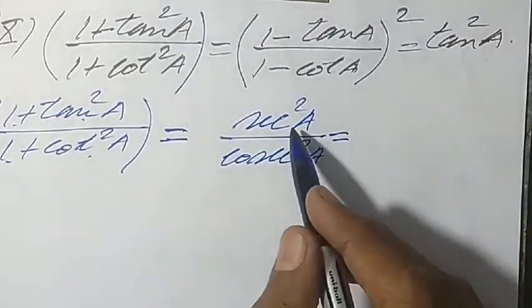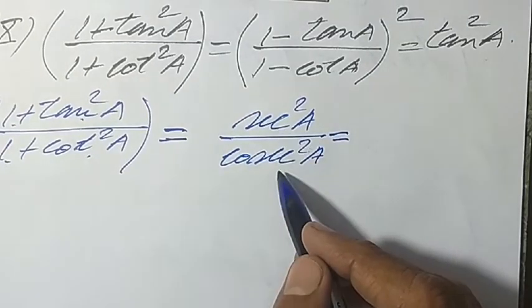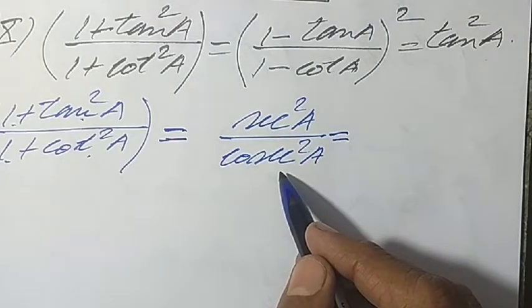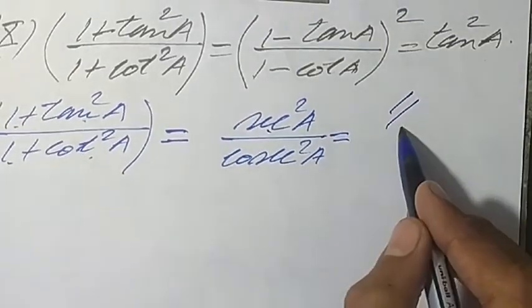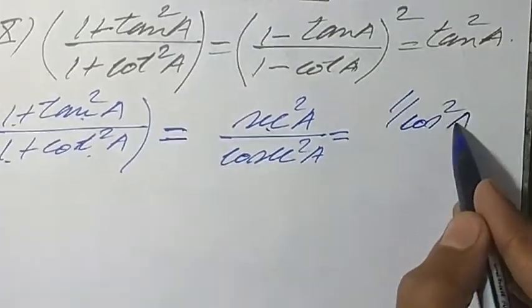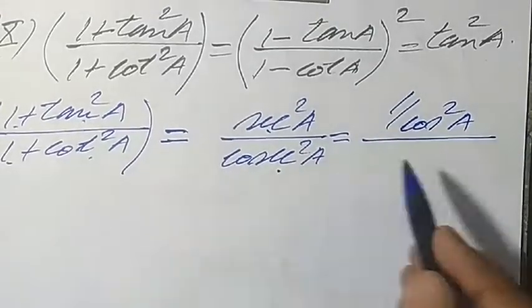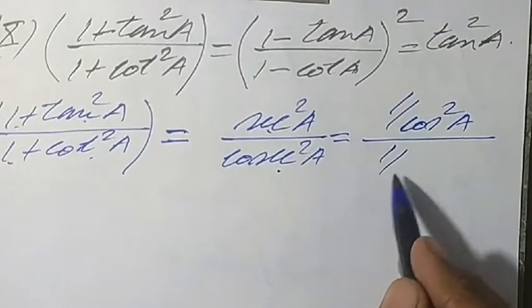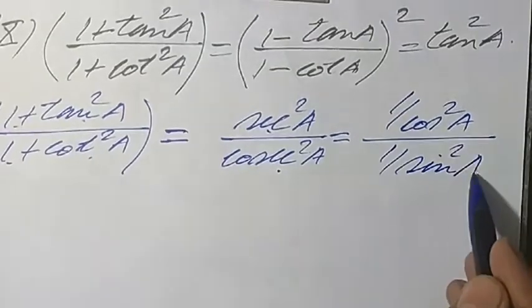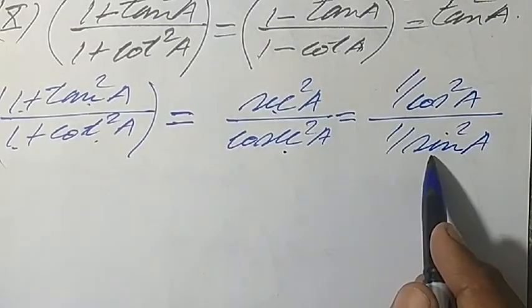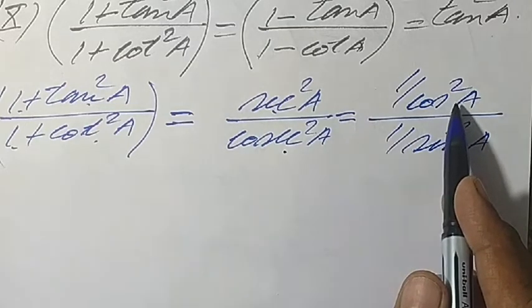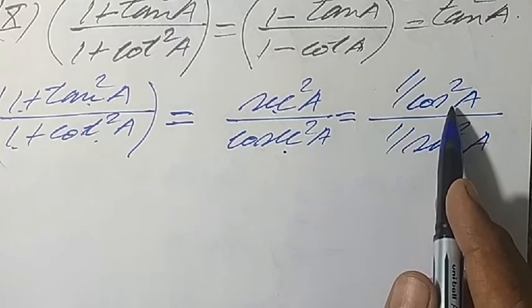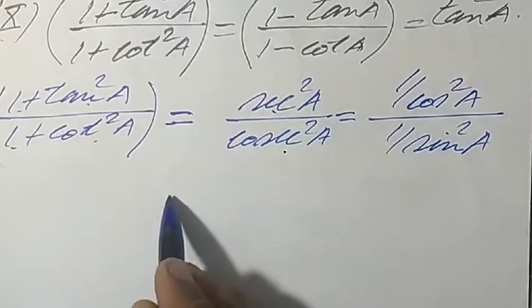Since the reciprocal of sec is cos and reciprocal of cosec is sin, so we may write sec square A as 1 upon cos square A and cosec square A in denominator as 1 upon sin square A. So this sin square A being the denominator of denominator goes in the main numerator, and this cos square A being denominator of numerator goes in the main denominator.